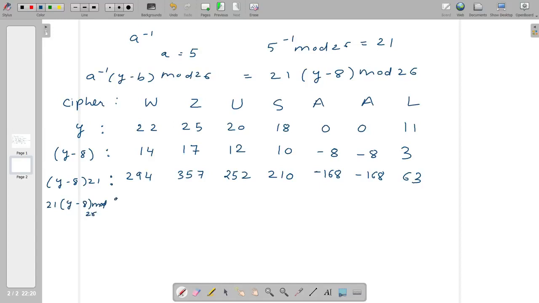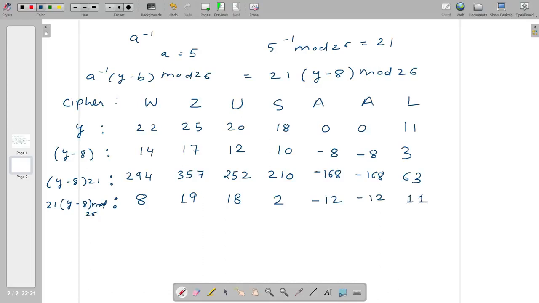When we divide 294 by 26, the remainder comes out to be 8. When we divide 357 by 26, the remainder comes out to be 19. In case of 252, the remainder is 18. In case of 210, the remainder is 2. For minus 168, the remainder is minus 12. And for 63, the remainder is 11.